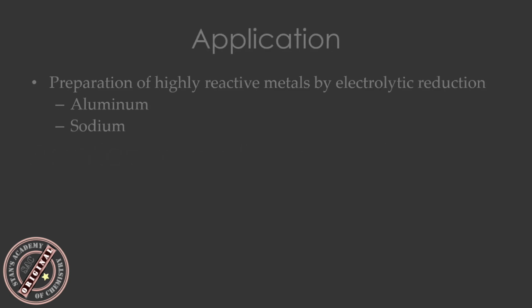Preparing highly reactive metals by electrolytic reduction. So aluminum and sodium can be prepared using electrolytic reduction. Sodium is a highly reactive metal, and in order to prepare it, electrolytic reduction is a very good method, because if you do not expend energy, you cannot reduce sodium ions to sodium atoms. So it's a non-spontaneous reaction. We have to use energy. Same is the case with aluminum.